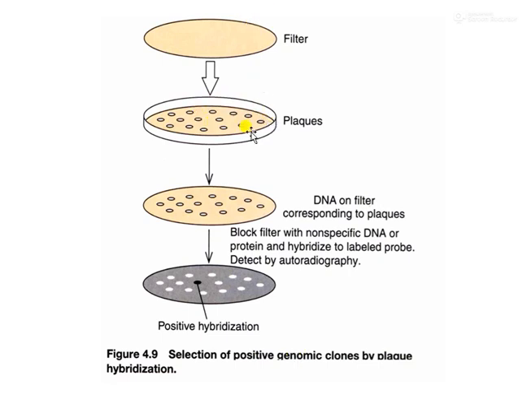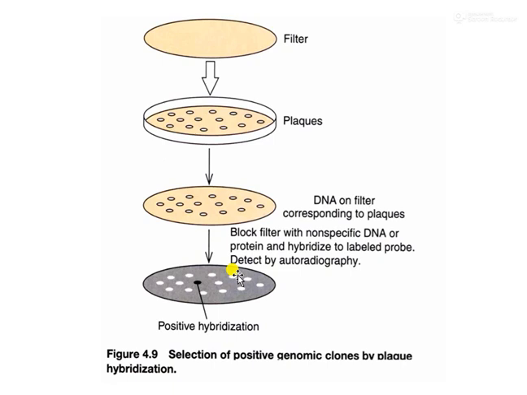Once you have an agar plate having plaques, you can keep a filter paper over it, and the DNA of these plaques can be transferred onto the filter. There are some treatments which you do, I'm not going into the details. You do some procedures so that these cells get lysed, and the DNA of these plaques gets transferred onto this filter paper.